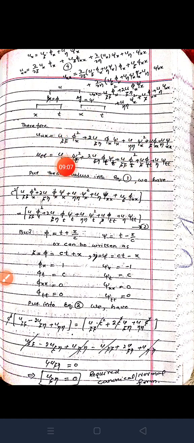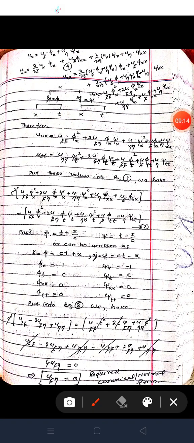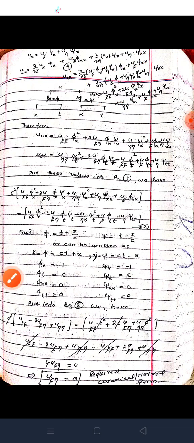We got these values by using the chain rule. The chain rule is defined in this portion. This portion defines the chain rule from where we got this value of uxx. Similarly, we can find the value of utt.